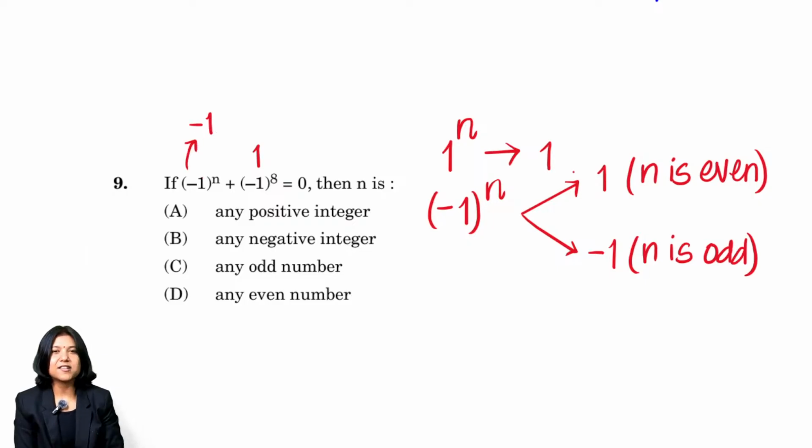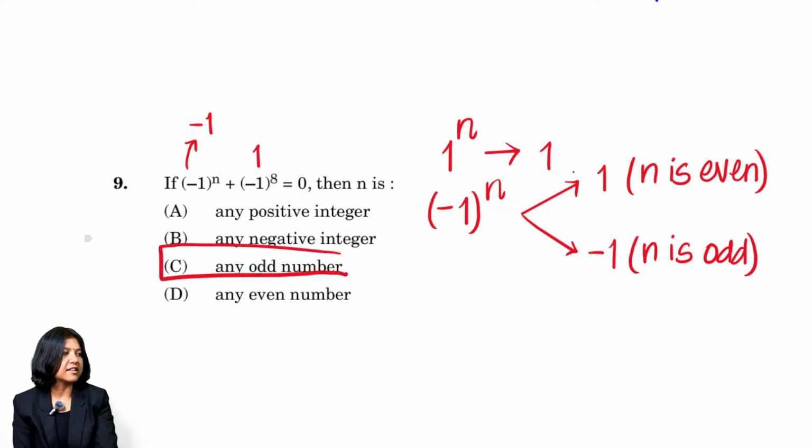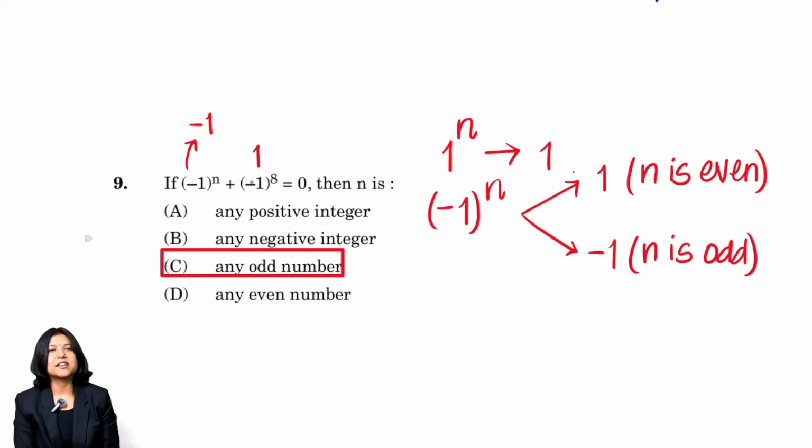So that is the reason why I have to make sure that this n here is an odd number, because only upon raising it to the odd power, that negative number continues to give me a negative answer. So minus 1 raised to any odd number will give me negative 1, and because the other term is already positive 1, only when you take equal and opposite, the sum is 0.